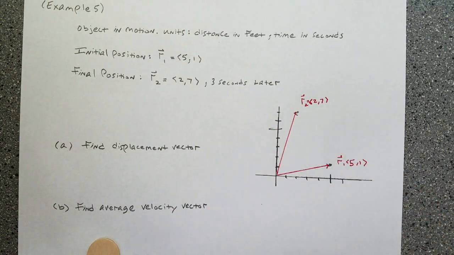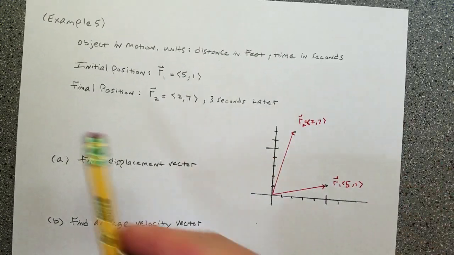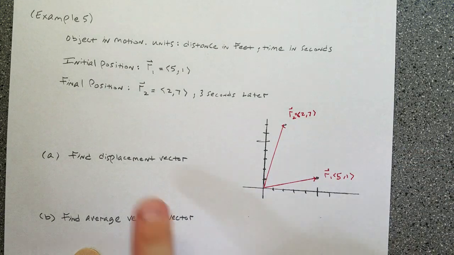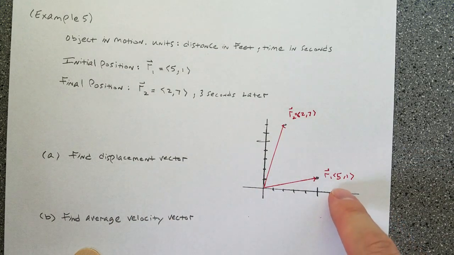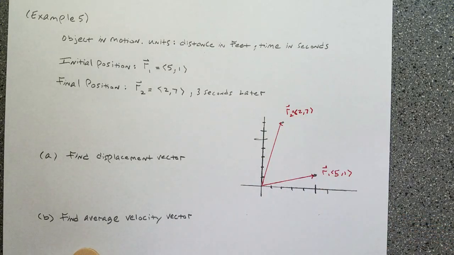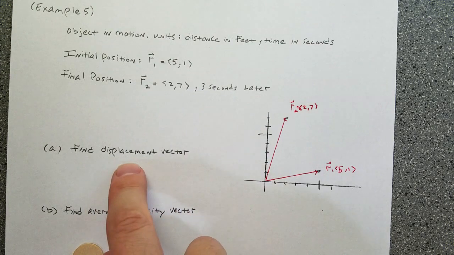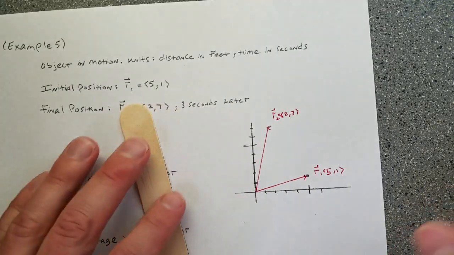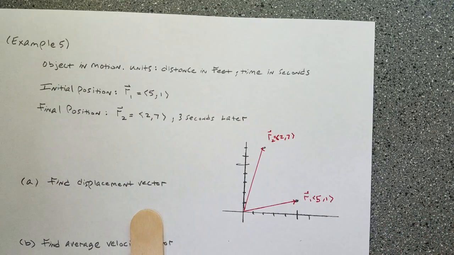What path? We have no way to know. There's absolutely, in this problem, no way to know how you got from here to there. But if we know that you move from one spot to another, even if we don't know how, there's this concept of displacement, which is a vector. It's real simple, actually.